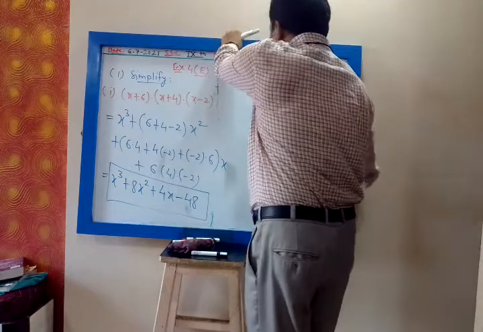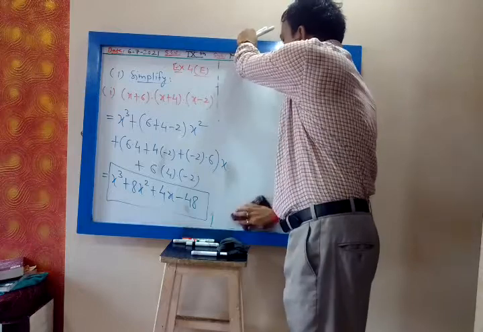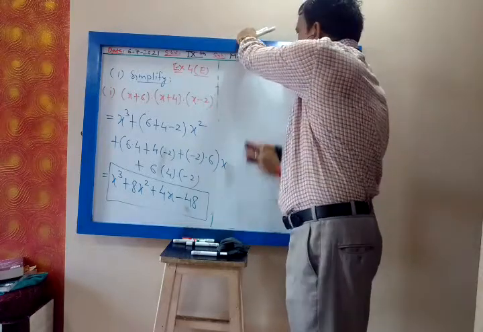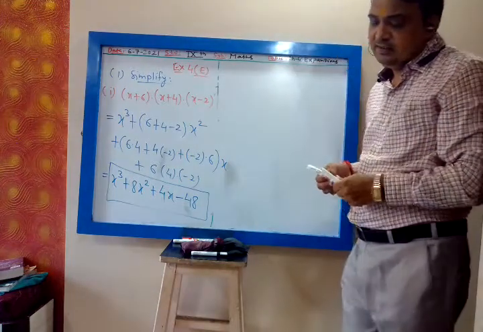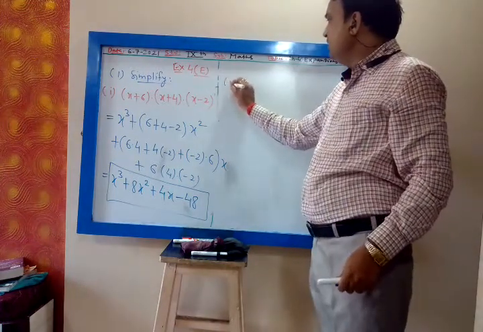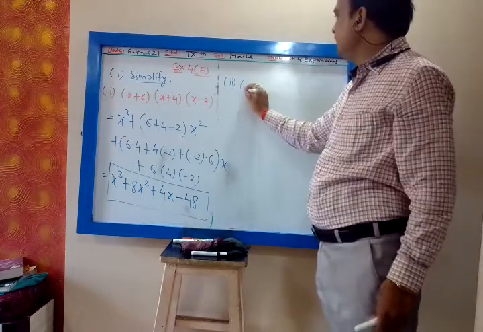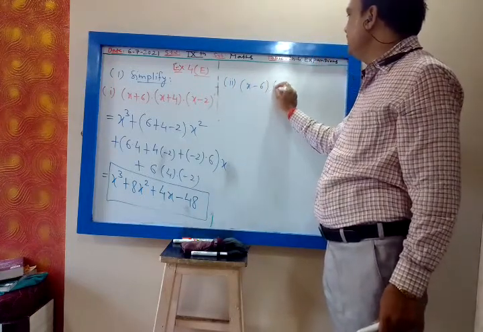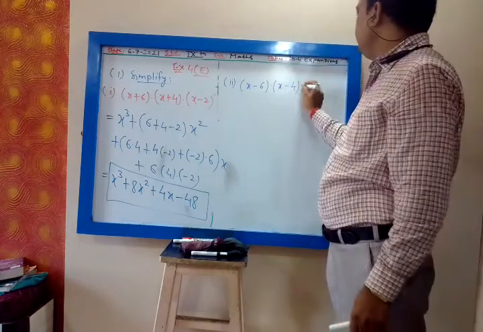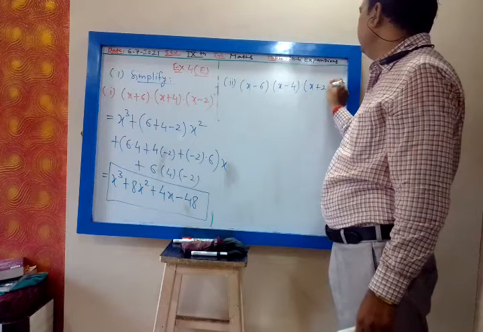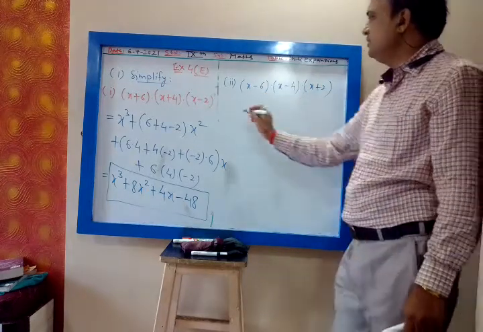So a plus b plus c, x cube plus (a plus b plus c) into x square plus (ab plus bc plus ca) into x plus abc. Now the second question is x minus 6 into x minus 4 into x plus 2, homework. Here a is minus 6, b is minus 4, c is 2, that's all.